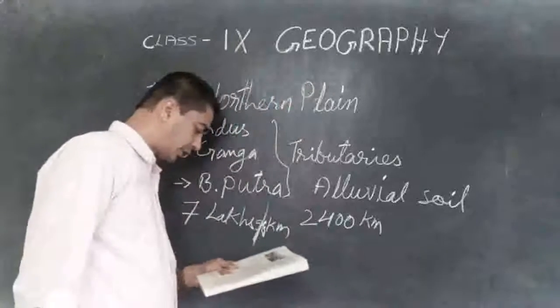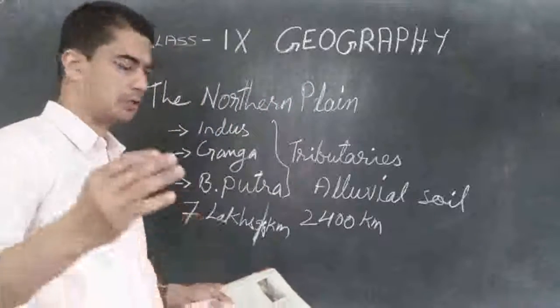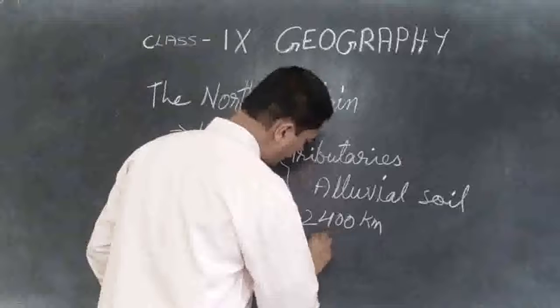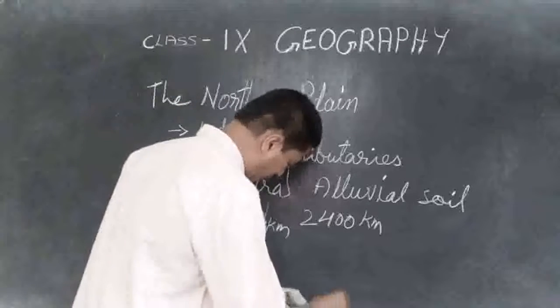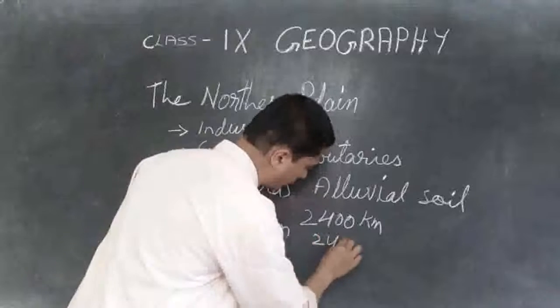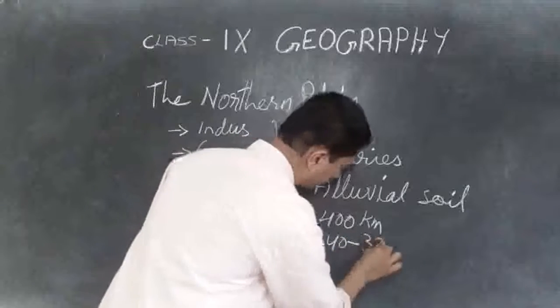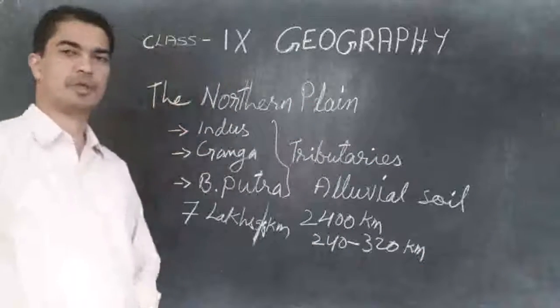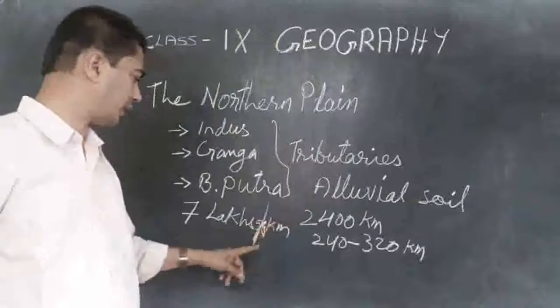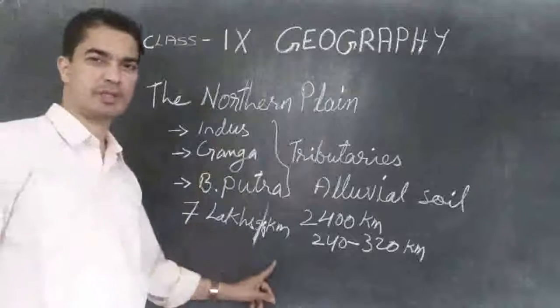So 2,400 kilometers long. Then the width, in some places it is 240 to 320 kilometers. If you speak about the size, the total area is 7 lakh square kilometers.